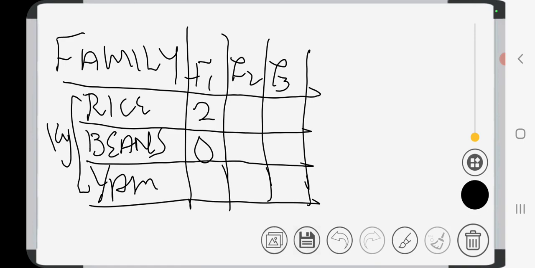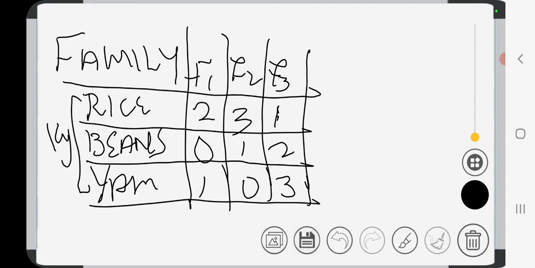Now for family 1, if the family 1 has 1 kilogram of yam, I'll just write 1. Family 2, let's say it has 3 kilogram of rice, 1 kilogram of beans, 0 kilogram of yam. Then family 3, let's say it has 1 kilogram of rice, 2 kilogram of beans, and 3 kilogram of yam.